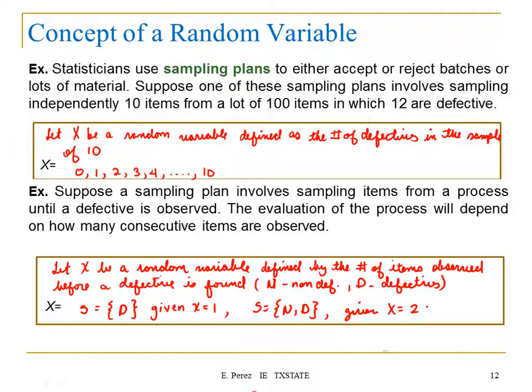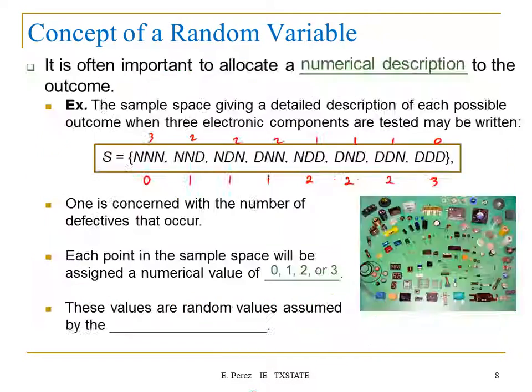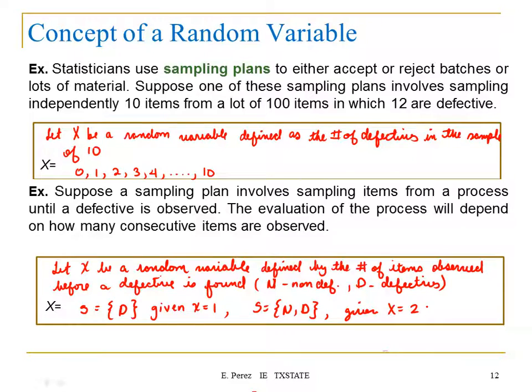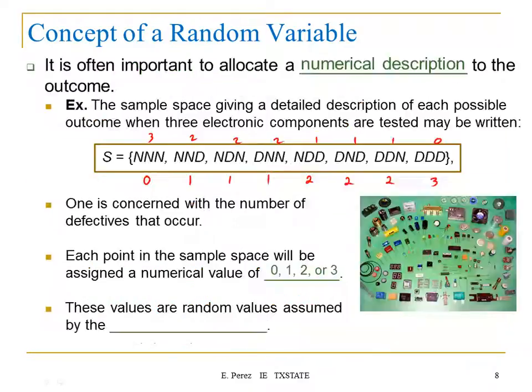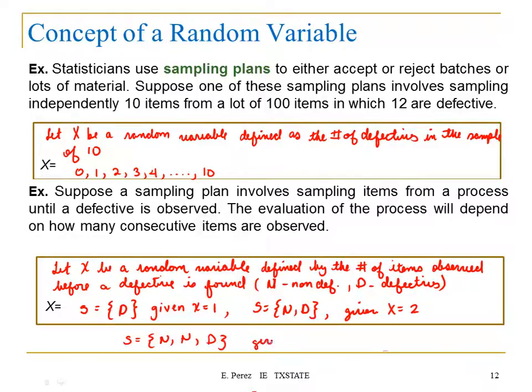And as the number of non-defectives increases, the value of your random variable will also increase. So last one, if the sample space equals NND, then we know X will be equal to 3, and so on.